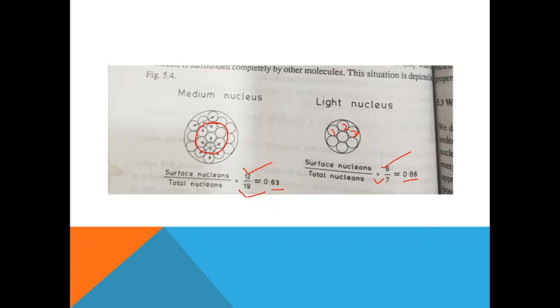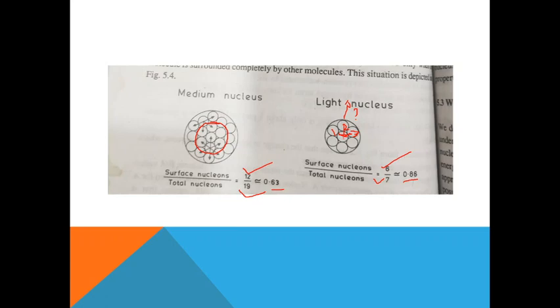The nucleon in the center is properly bound on all sides. But for a nucleon on the surface, the binding is only in the downward direction, while in the upward direction there is no binding. So any nucleon on the surface is less stable, and is vulnerable to getting disintegrated from the nucleus.